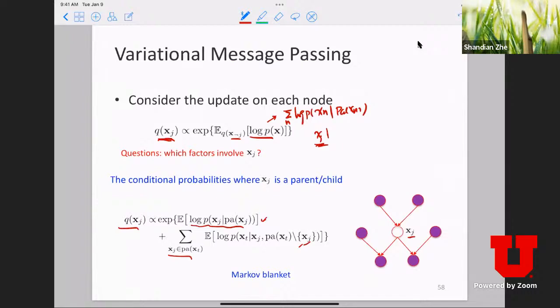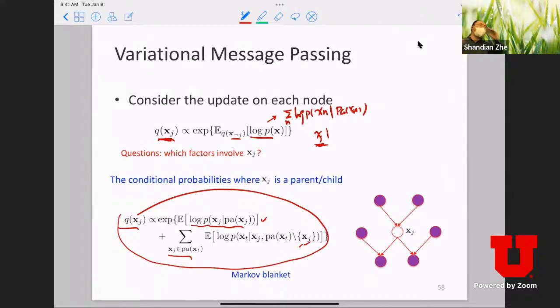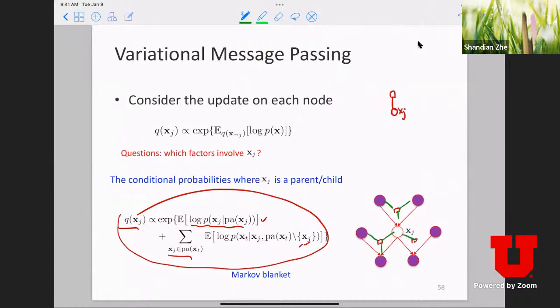So what does it tell us? If you apply this update rule and simplified update rule, you find that it's essentially a message passing protocol. I can show you how this is done. It's better to view it as a factor graph. So let me just redraw it. This will be a factor, this will be a factor, this will be a factor.